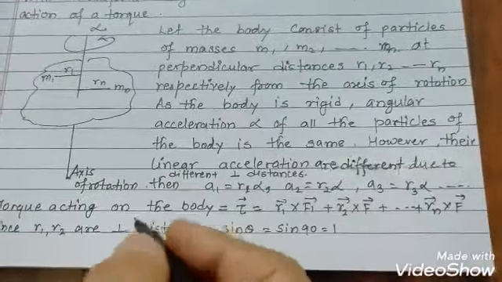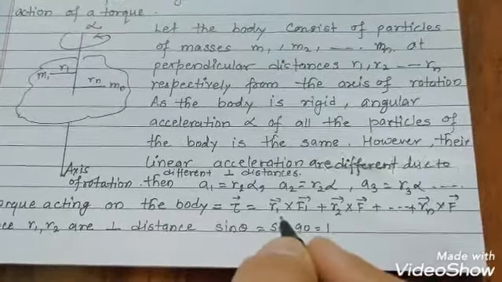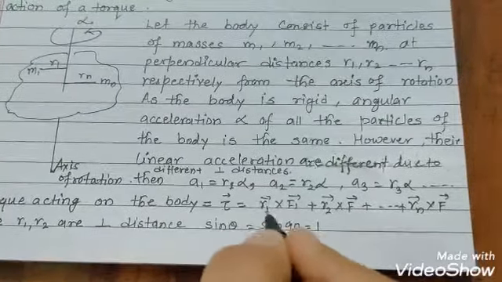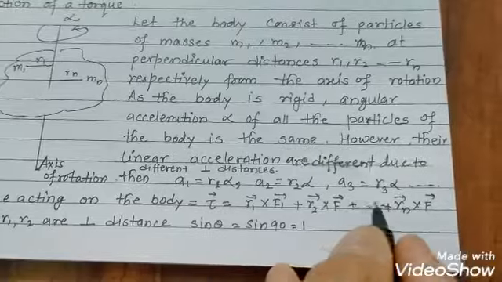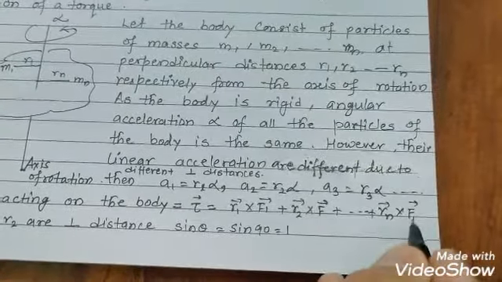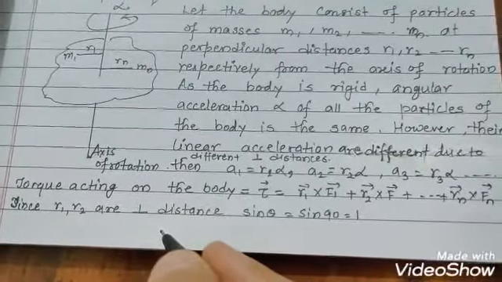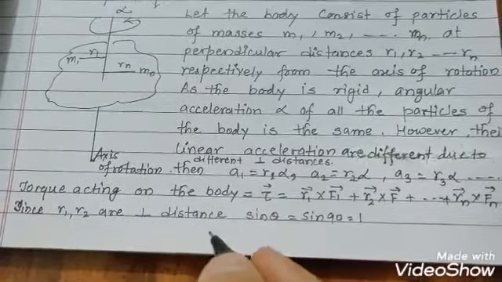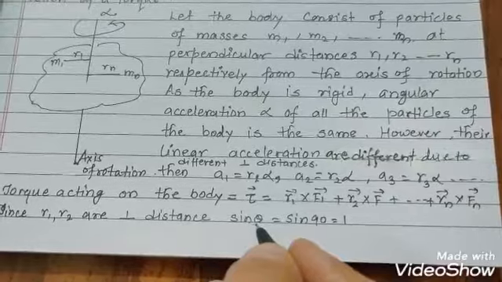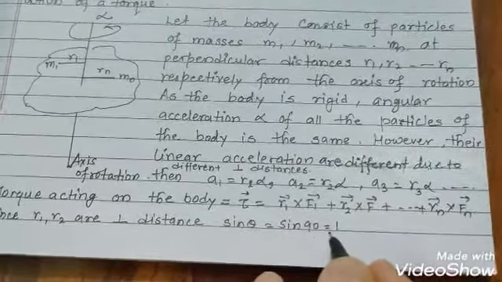Now we know that the torque acting on the body can be given by the formula r cross f. Here, because it is an n particle system, the torque is given by r1 cross f1 plus r2 cross f2 until rn cross fn. As r1, r2, rn are all perpendicular distances, theta will be 90 degrees and sine theta will be sine 90, which is equal to 1.